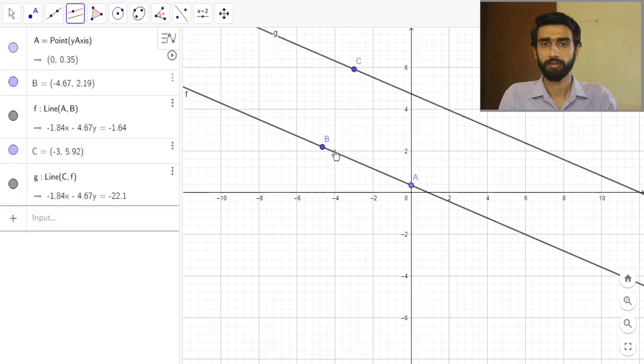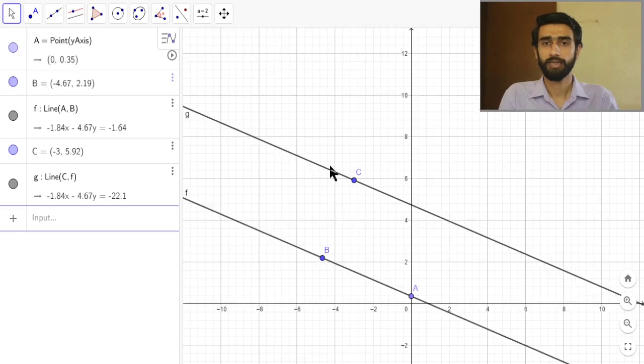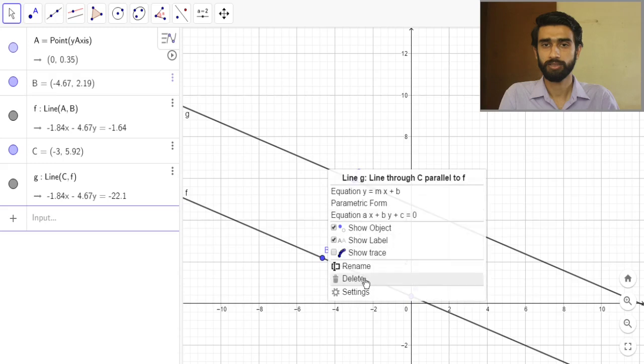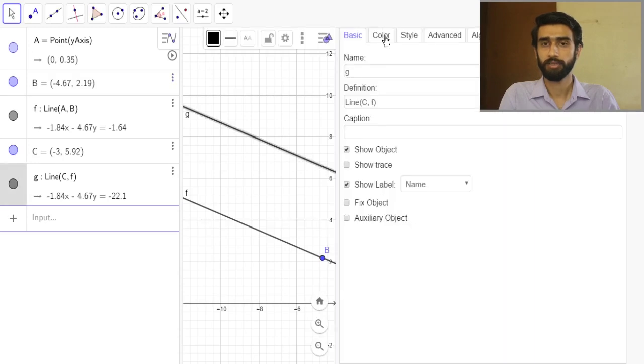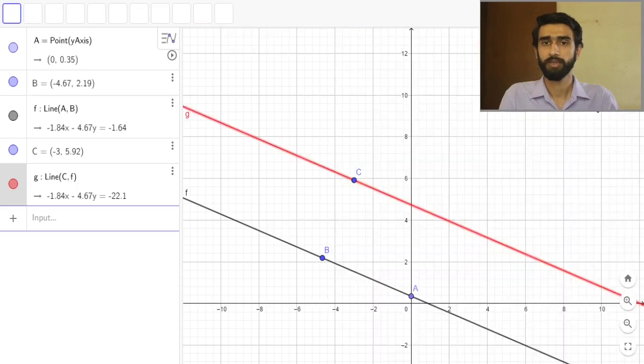And then select. So I draw this second line. You will see that the second line, let me change its color, let me make it red so that it is visible. Okay, now you will see I have two lines, this blue and this red.